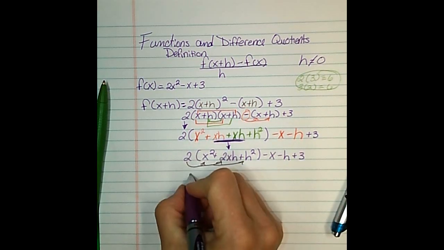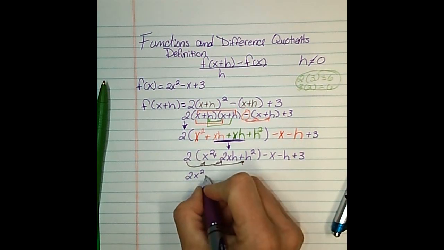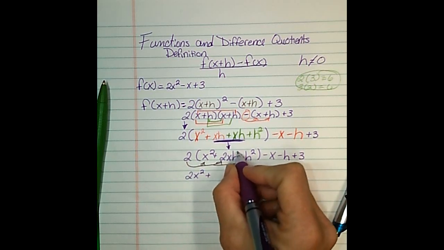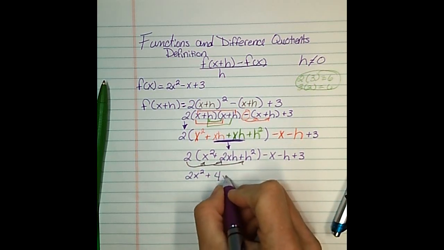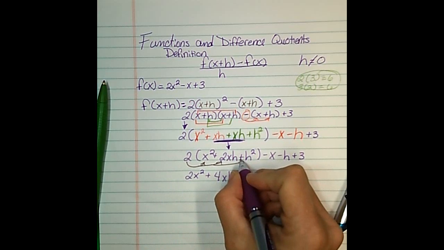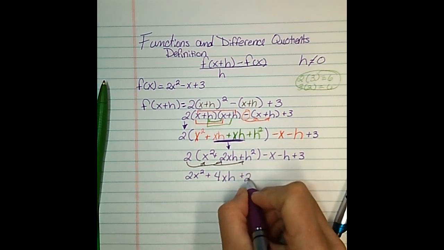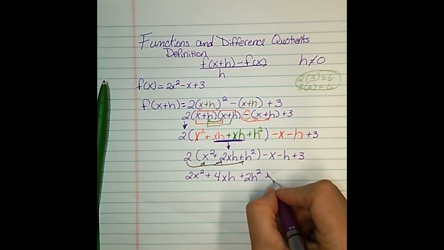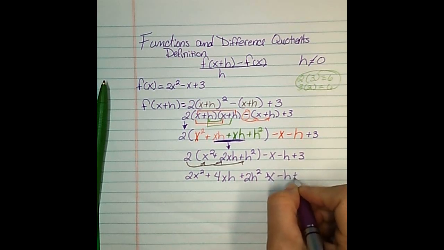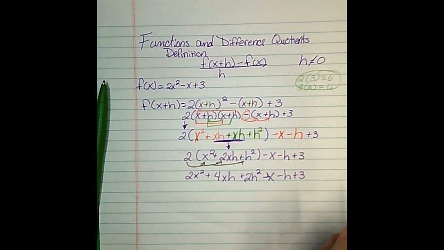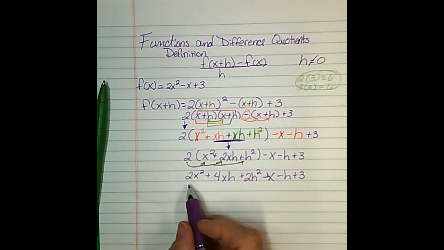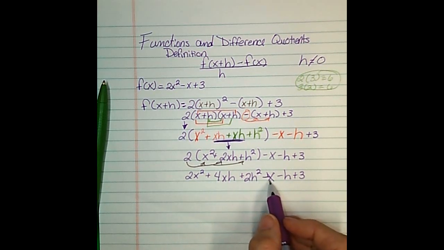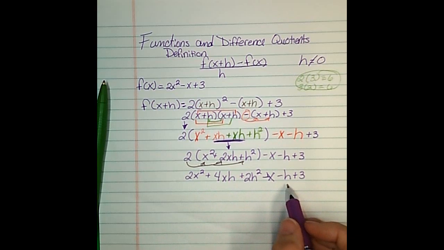So now I got 2 times x squared, 2 times 2xh, which is 4xh, 2 times a positive h squared, and then bring the rest down. And so now we're going to look to see if we have any like terms to combine, and in this case we do not have any like terms.